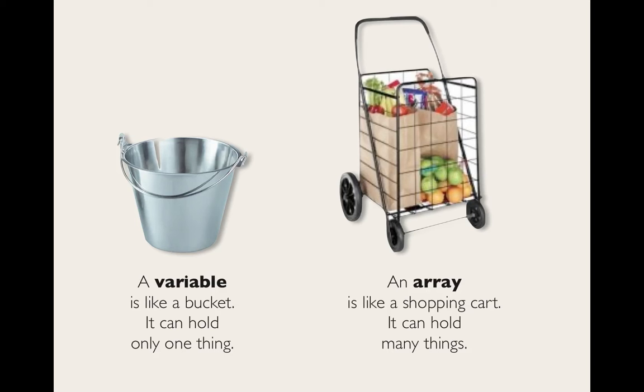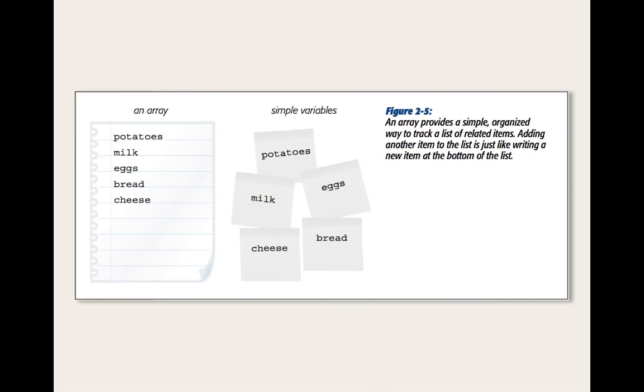An array is like a shopping cart. It can hold many things, whereas a bucket is quite useful. Sometimes you need a collection of things or a whole range of things to work with. So that's what arrays are for, just to hold a bunch of stuff. Very simple. If you have a shopping list, you could have several different variables to hold all the different items in your shopping list.